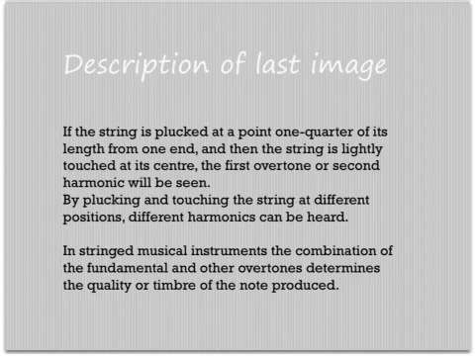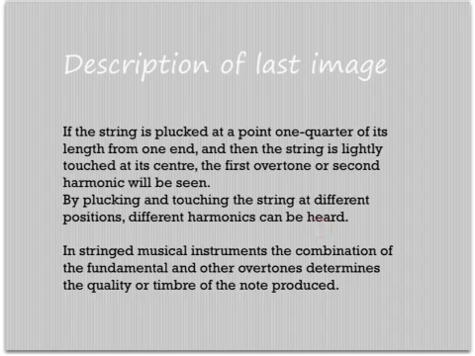It says here, if the string is plucked at a point a quarter of its length from one end, and then the string is lightly touched at its center, the first overtone or second harmonic will be heard. By plucking and touching the string at different positions, different harmonics can be heard.